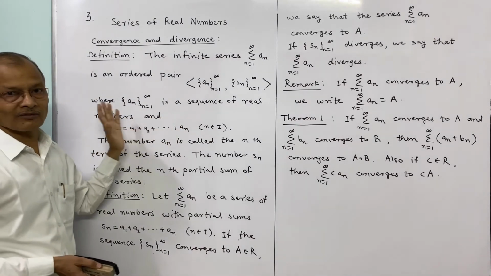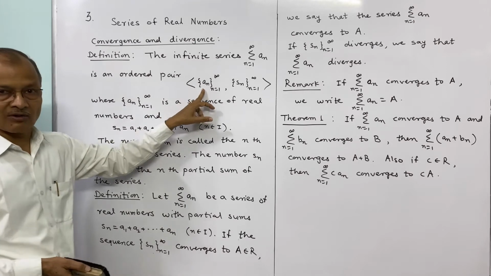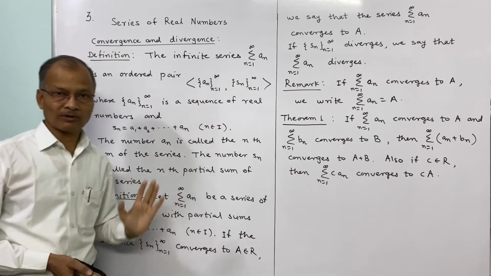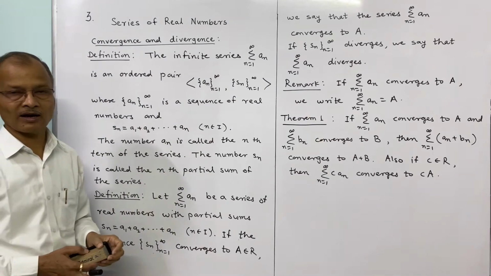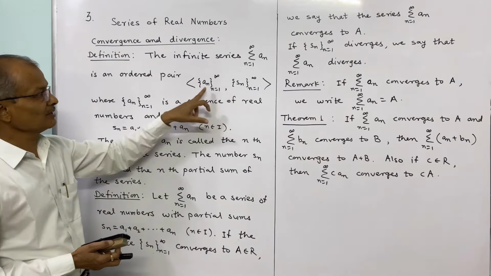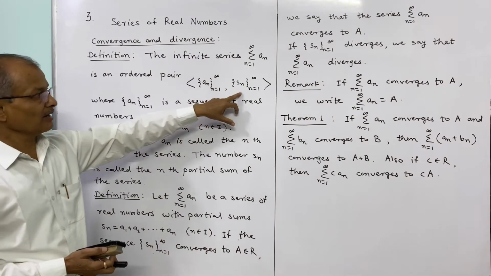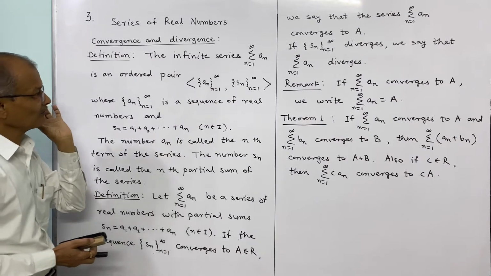We have studied sequences earlier and we have denoted the sequence by this notation. We are following the book Methods of Real Analysis by R. Goldberg, and the notation used for sequences is an and Sn, where n takes value from 1 to infinity.